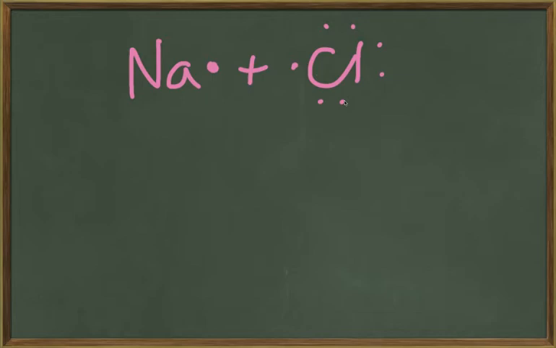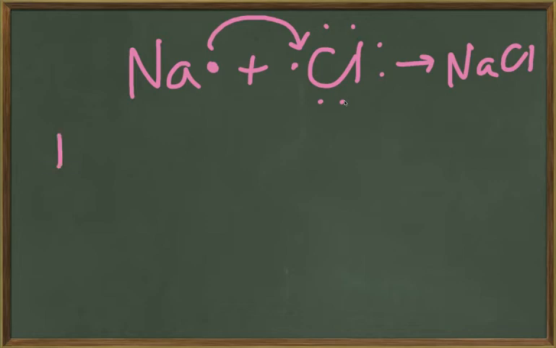What happens when these 2 form the compound NaCl, sodium will give up its loner electron to chlorine in order to make it happy. Magic number is 8. When an element gives up one of its electrons to another element, we call this an ionic bond.